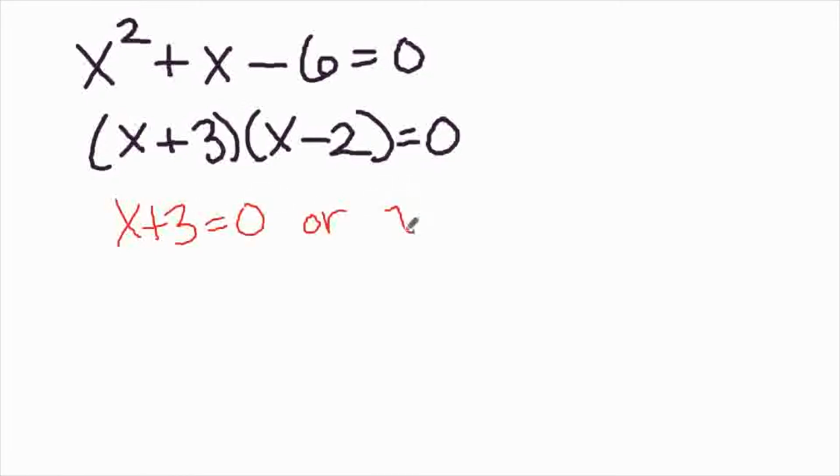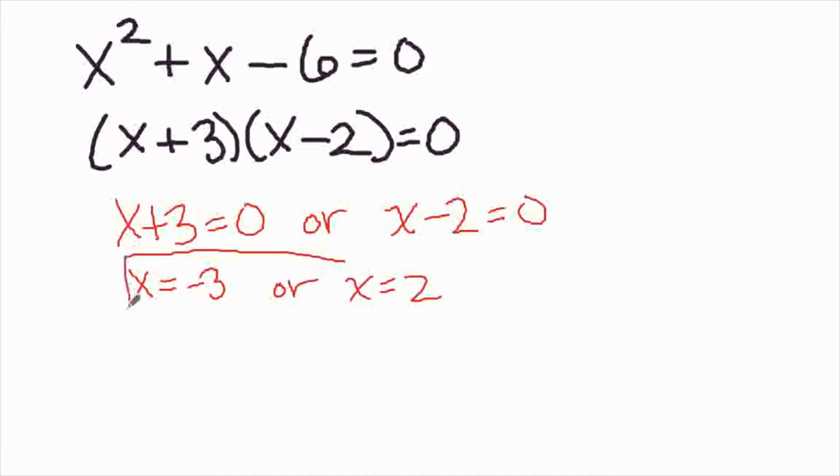Otherwise, the x minus 2 must be 0. Okay? And so having gotten that far, you've got your two solutions. And yes, you can have more than one solution in algebra. All right? So that's how you solve equations with factoring.